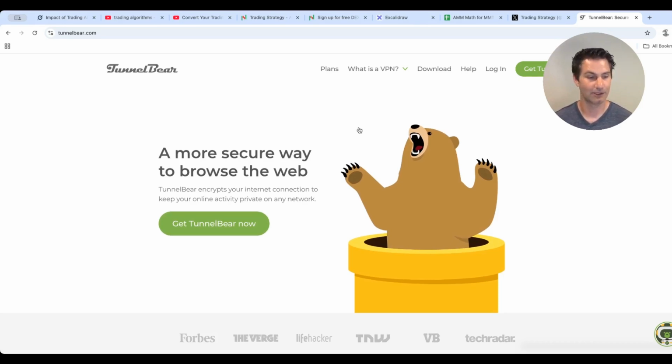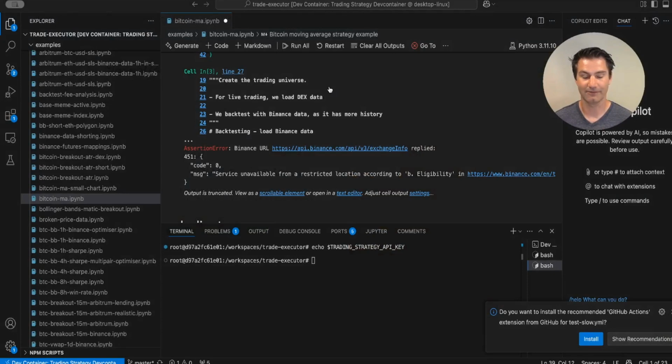And what I can do is just run that VPN, and then I'm going to select a geo that is within the tolerance for Binance APIs and see if that works. So I'll go ahead and do that. Okay, it's connecting, and I am now, okay, securely connected. Okay, great. So let's come back here and see what happens if we try to run this backtest now.